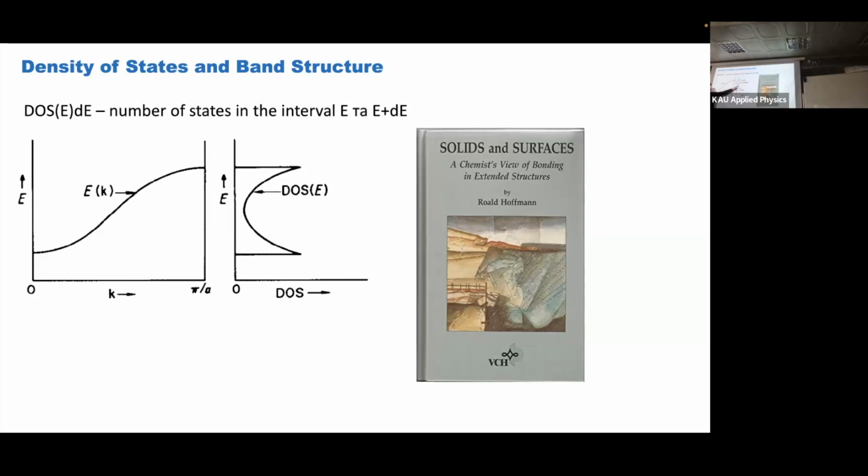So when the band structure plot goes up fast, it has a big derivative, and we have the smallest number of states, and when it's flat, we have the biggest number of states.